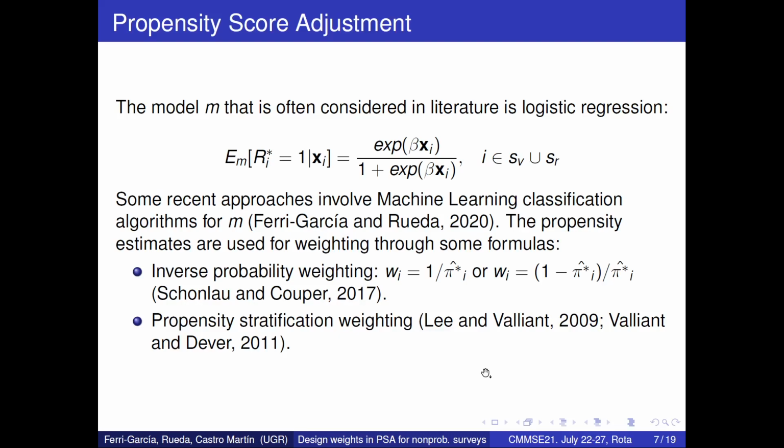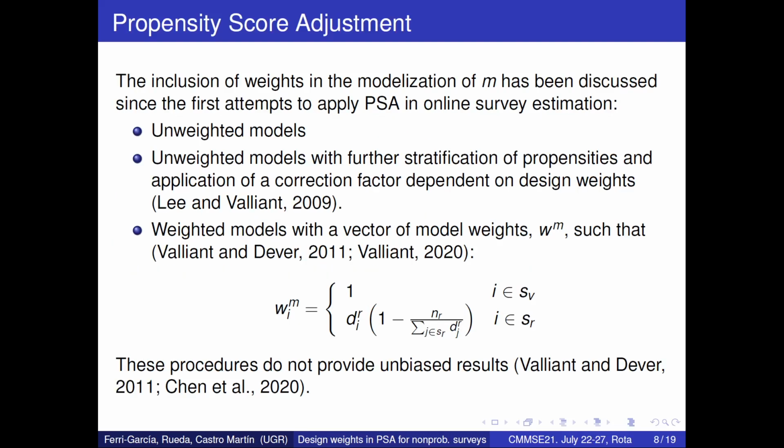In all cases, the use of design weights in the model fitting step, where the design weights are available from the reference sample, has been treated differently across the existing works that use propensity score adjustment. Many of these works fit the propensity estimation models considering no weights at all, although sometimes the design weights can be incorporated afterwards using the correction factor that we have described in the previous slide.